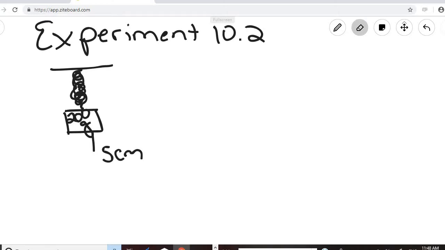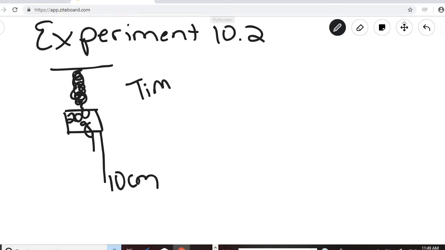Okay, then you'll do the same thing, but now instead of pulling it down 5 centimeters, you're going to pull it down twice as far. And again, you're going to let it fly, and you're going to measure the time that it takes to go up and down 5 times. Then same thing again, but you're going to pull it down even farther.